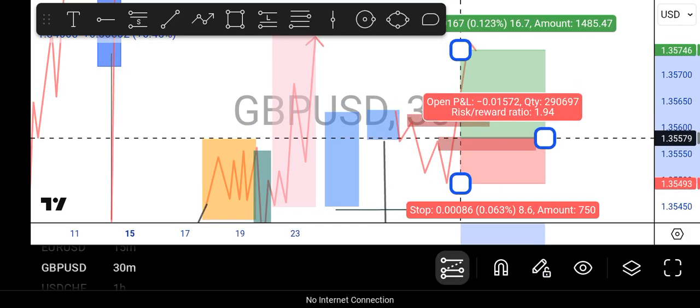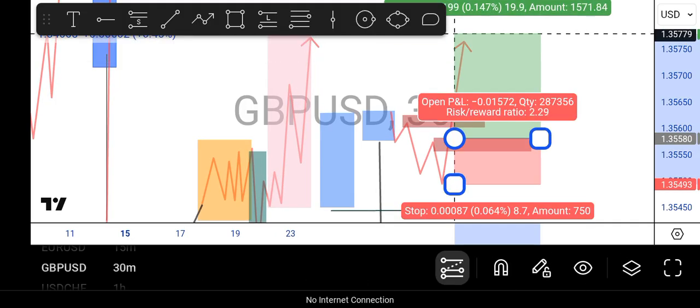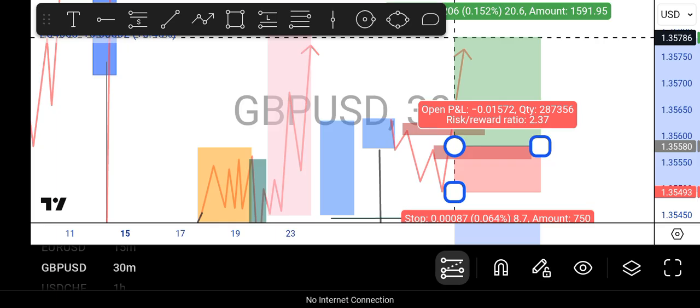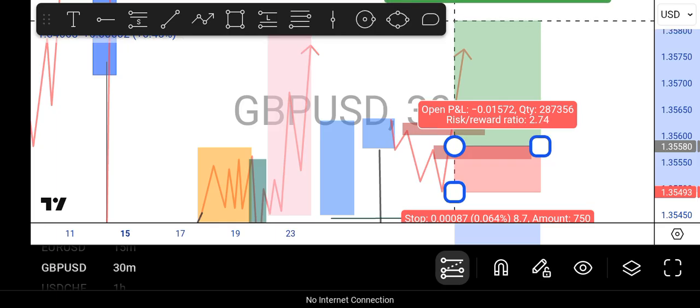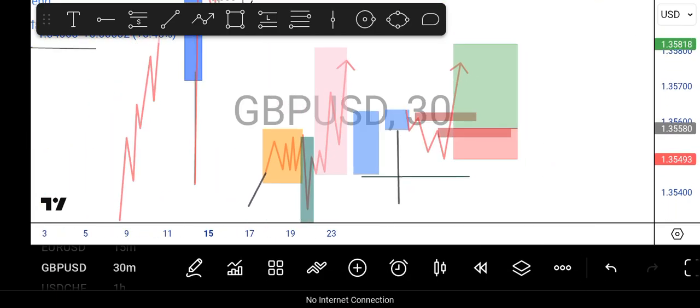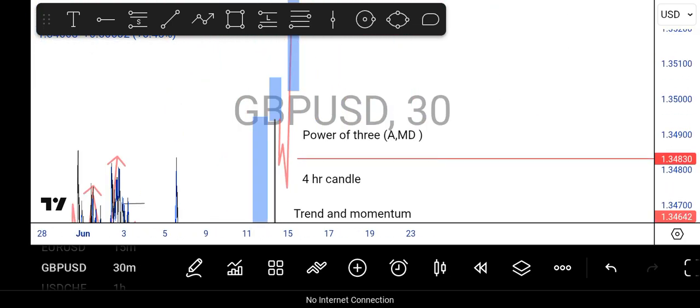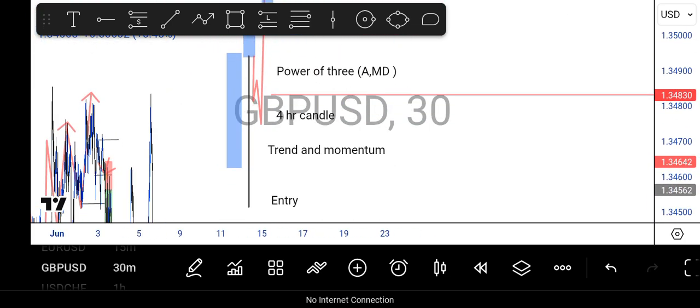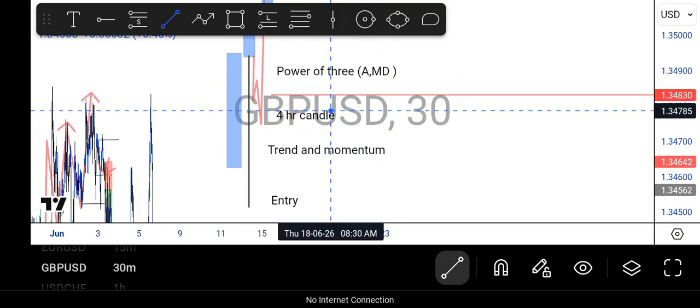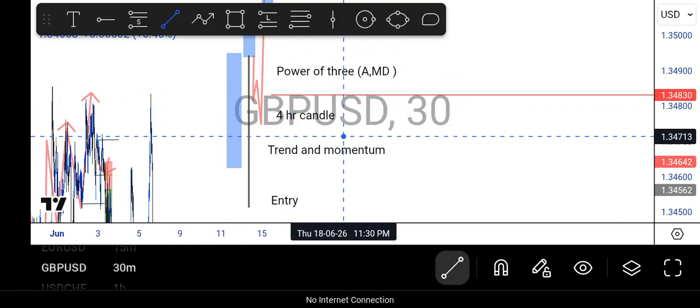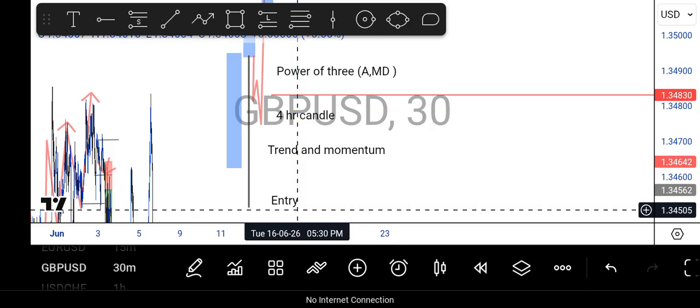You've opened a position above there, and then you are looking for a 3 risk to reward ratio. But me, I usually look for 2.6, 2.7 around there. So that is how you actually enter. Don't forget the 3 things that you look at: power of 3, accumulation, manipulation, and distribution, the 4-hour candle, you look at the trend and momentum, and you look at how we can enter.